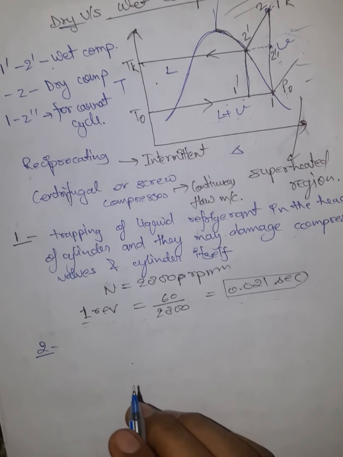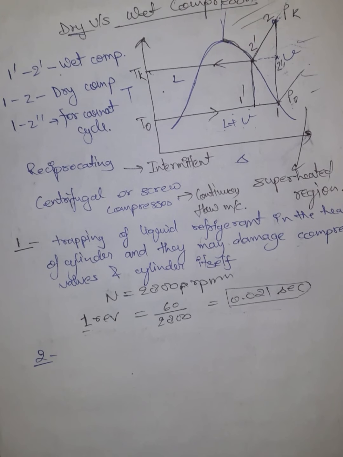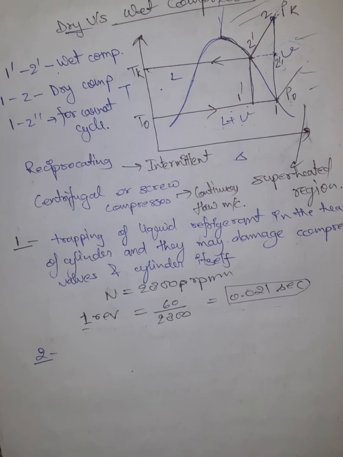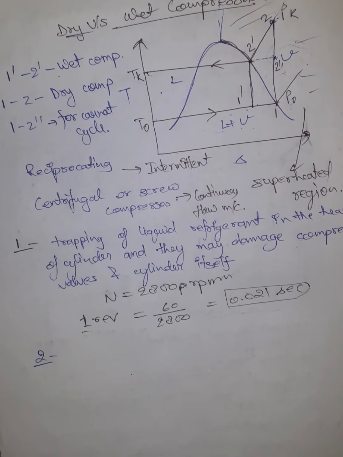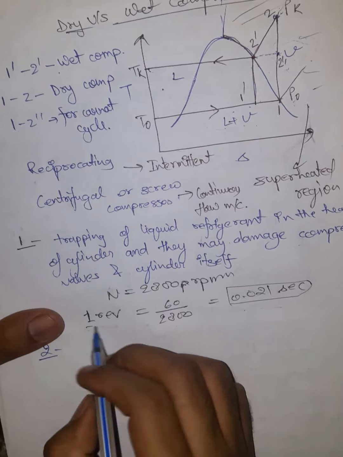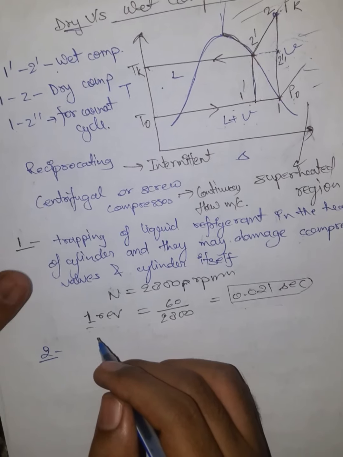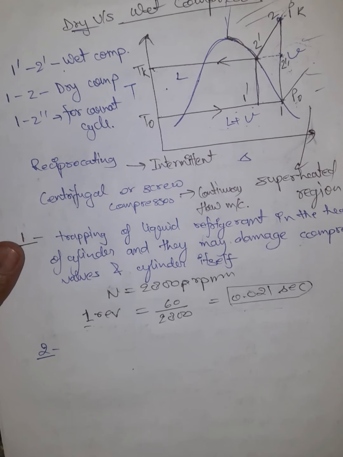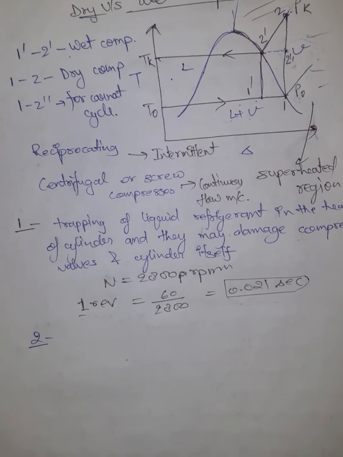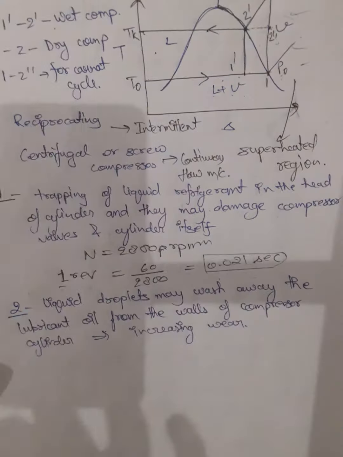The second point is that if the liquid refrigerant droplets are trapped, they may wash away the lubricant oil that is being applied to the walls of the compressor cylinder, and if the lubricant is being washed away, it will increase the wear of the cylinder components, and that is not desirable. It will reduce the efficiency of the compressor and the process will not be smooth.